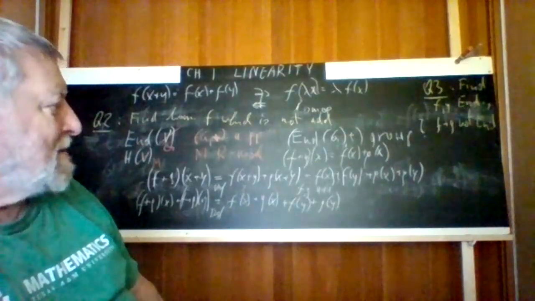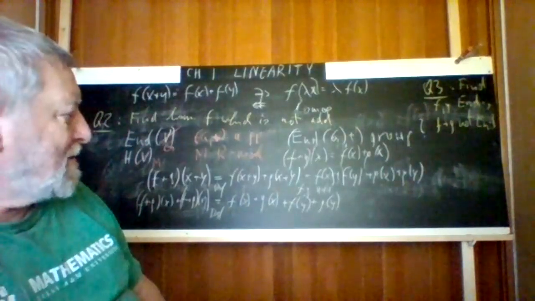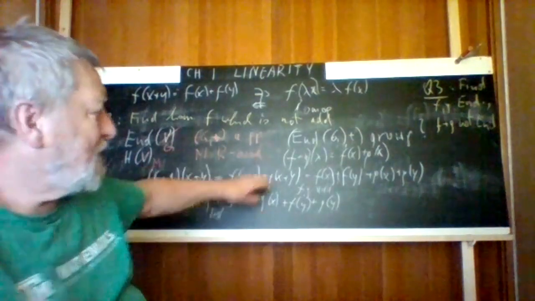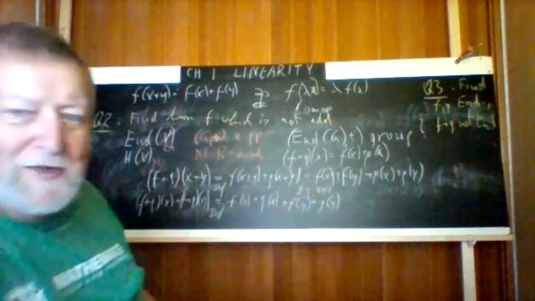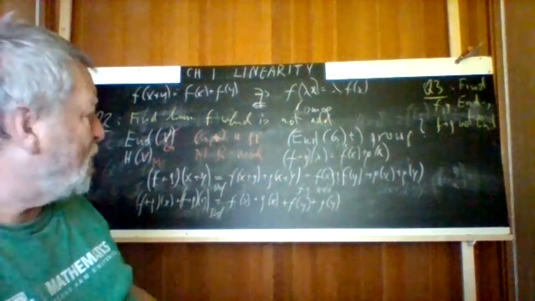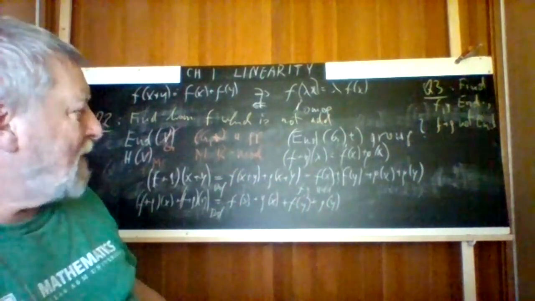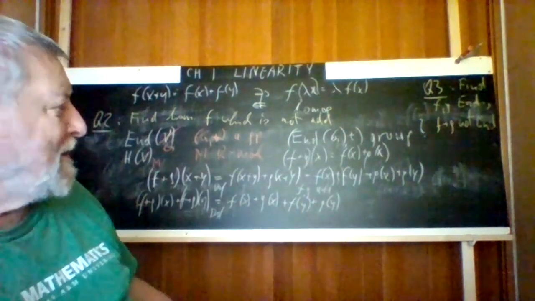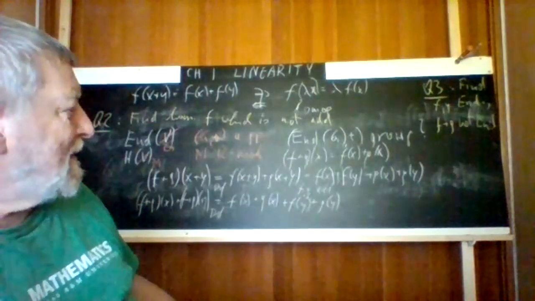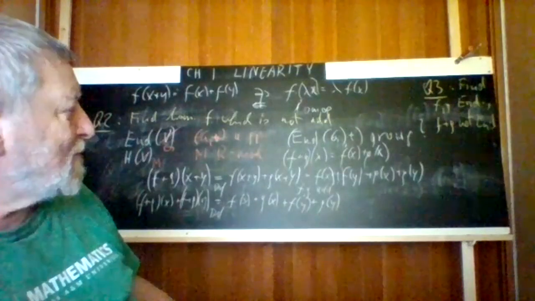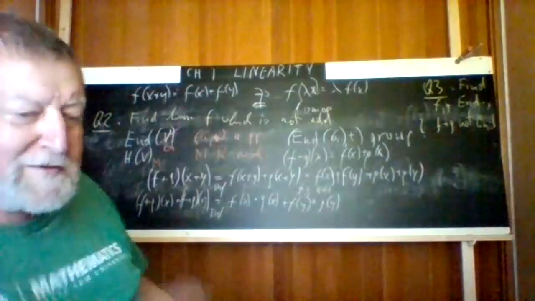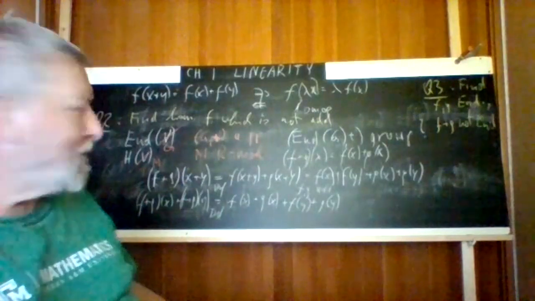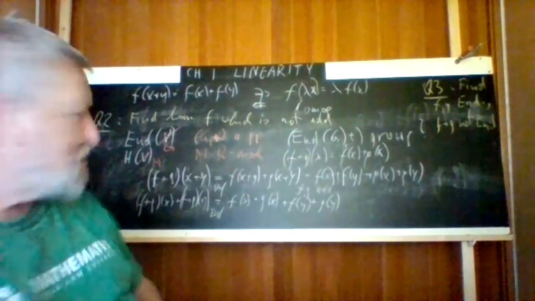The next thing is associativity, that goes without trouble because of the associativity of the addition in the group. We have the zero map as the neutral element, which is also no surprise since it's an endomorphism. But we get again some problems with the subtraction.